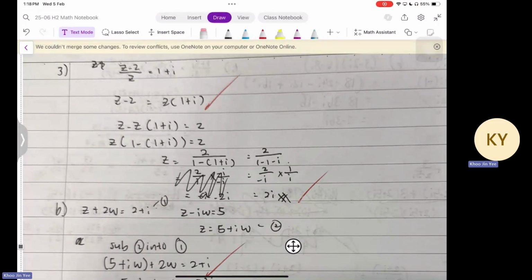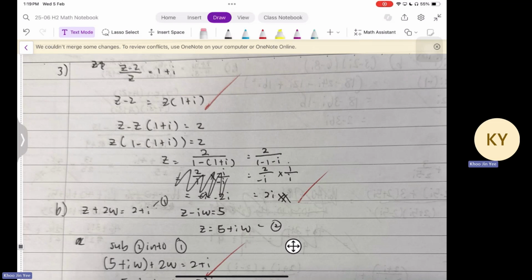Now, because there is z over here, sometimes the standard method is to make z into x plus yi, expand everything nicely left and right, and compare real and imaginary parts. But do you have to do that all the time? Actually, you don't need to. Because z itself is a complex variable, you just make z the subject. Cross multiply, and you get something like this.